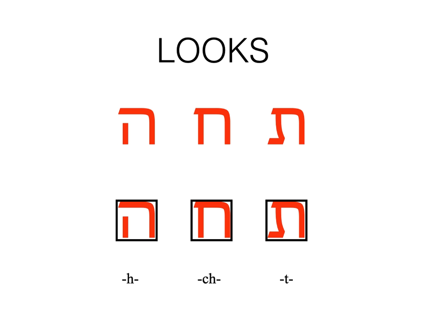The difference between Chet and Tav is that the Tav has a little leg on the bottom left side. So you write something like Chet, but on the bottom left it has a little hook, a little leg.